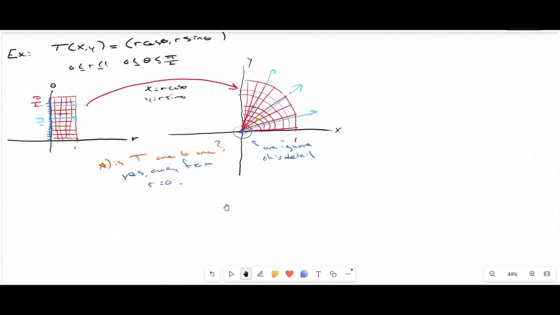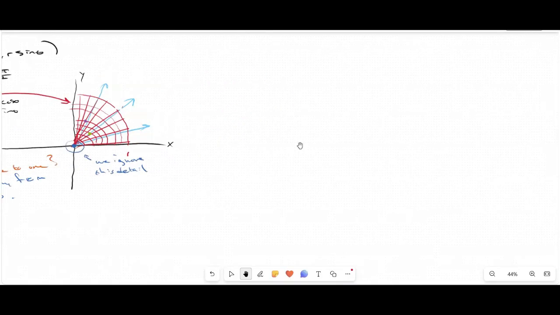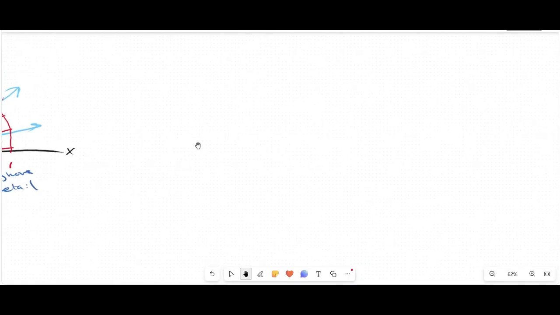I've got one more example here of a basic transformation. This one is new, we haven't ever seen this one before. And the idea here is there's really nothing special about it.